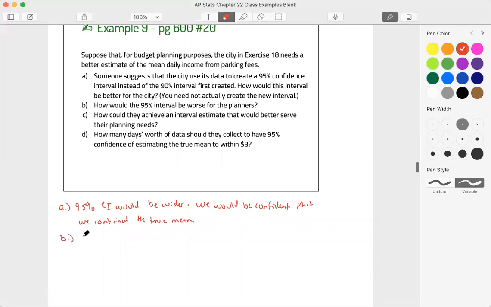Okay, B, how would the 95% interval be worse for the planners? Since it's wider, it would be less precise, thus more difficult for budget planners.